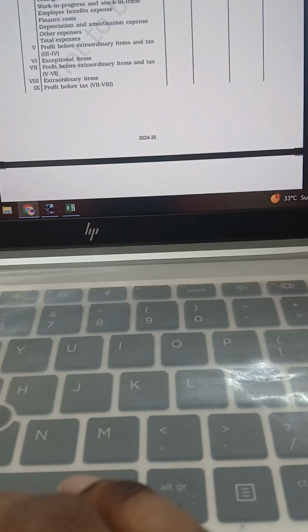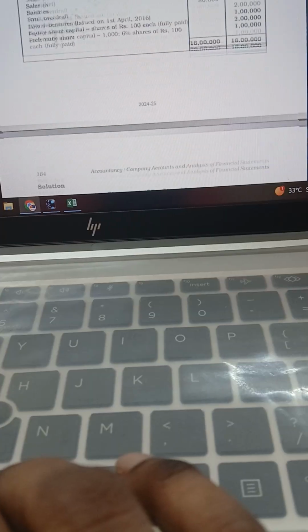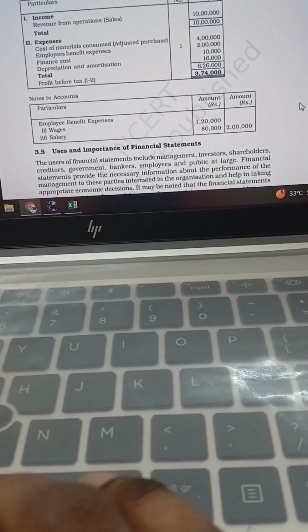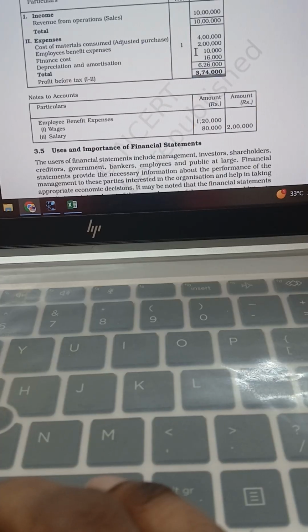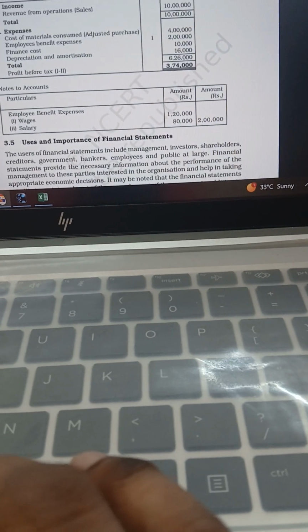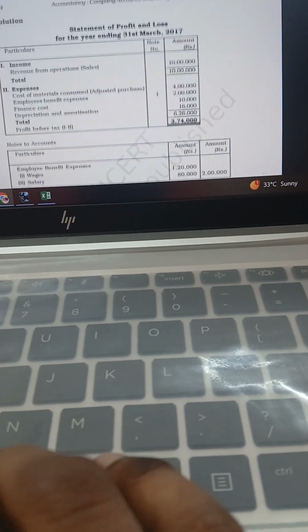Note number means the entry or the note number that is shown in the accounts.